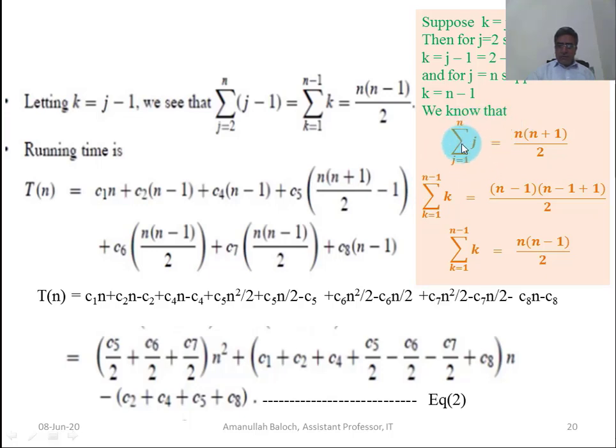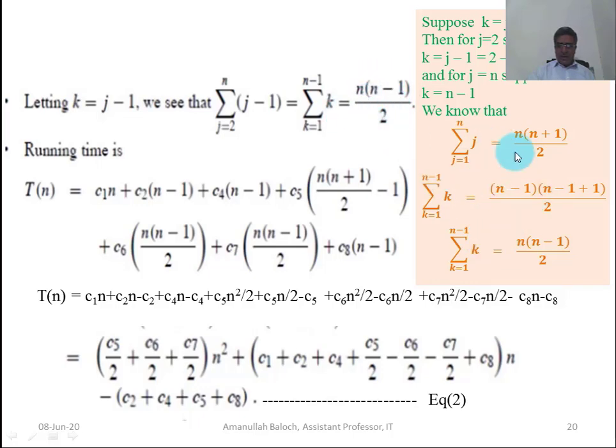So if j starts from 1 and ends at n, we write n into n plus 1 divided by 2. If k starts from 1 and ends at n minus 1, we just put n minus 1 in place of n, and in place of this n we also put n minus 1 plus 1. So this minus 1 and plus 1 cancel each other, and it becomes n into n minus 1 divided by 2.